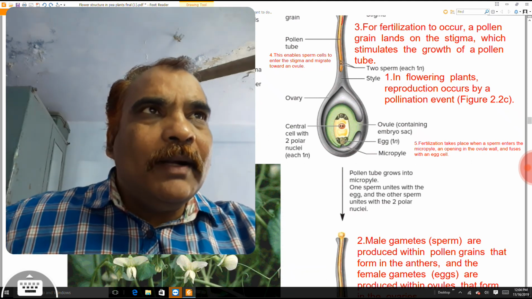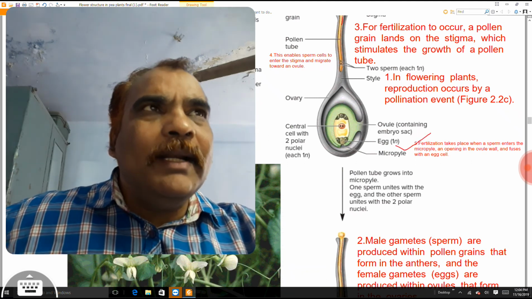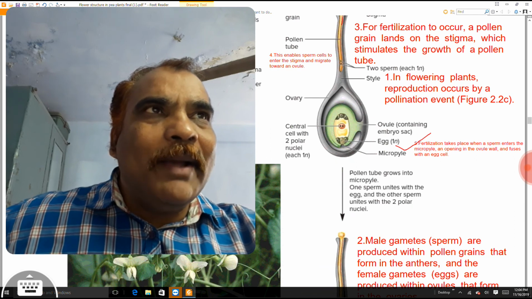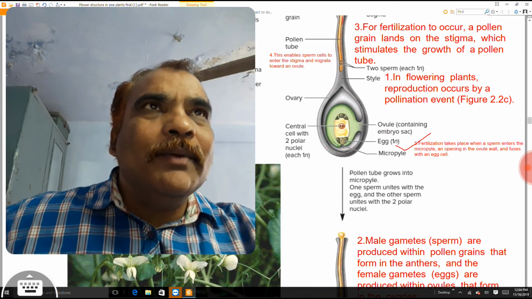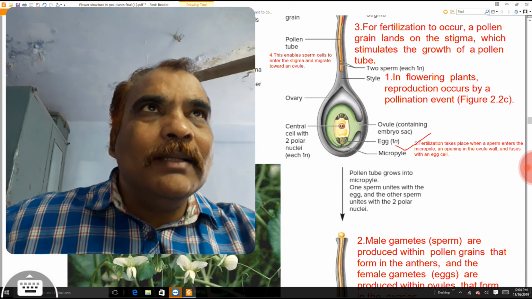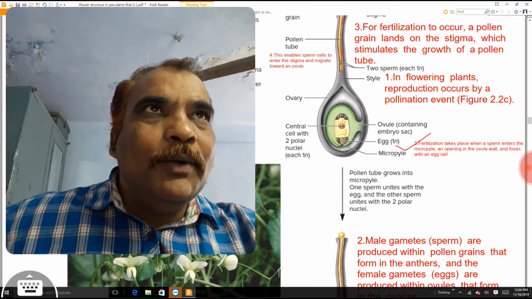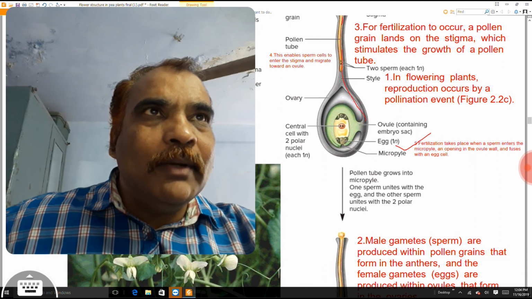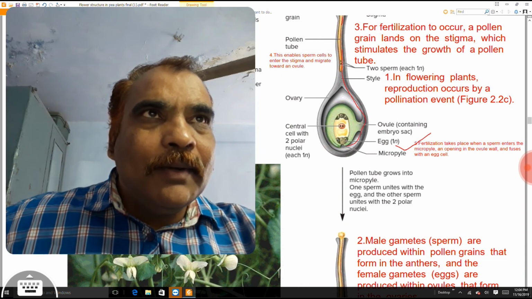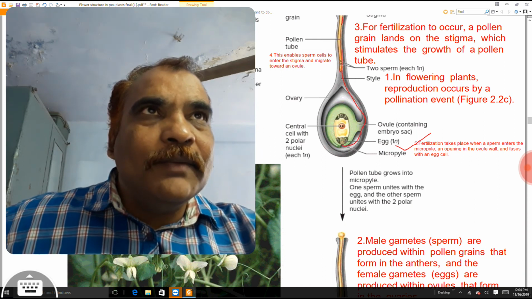Now the fifth point: fertilization takes place when a sperm enters the micropyle. Here you can see the pollen tube, and it is going to elongate this way.